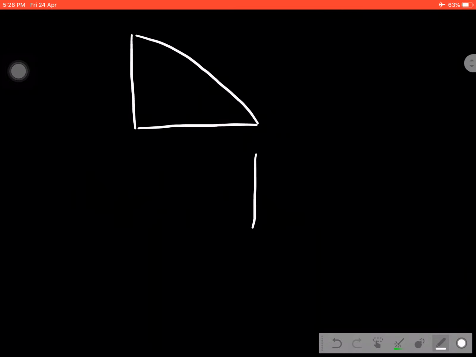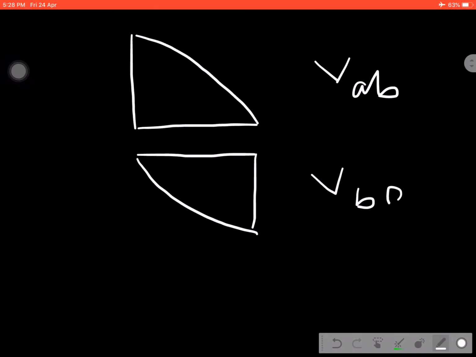Suppose we consider the particular region. In it, suppose the shape of VAB is this one, and the shape of VBC is this one. This is VAB and this is VBC.